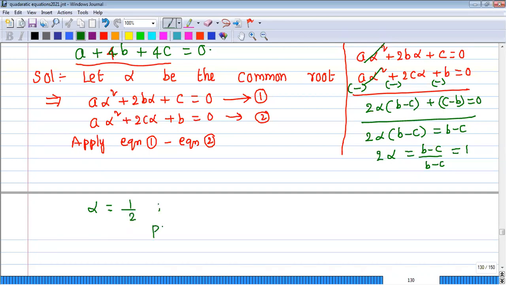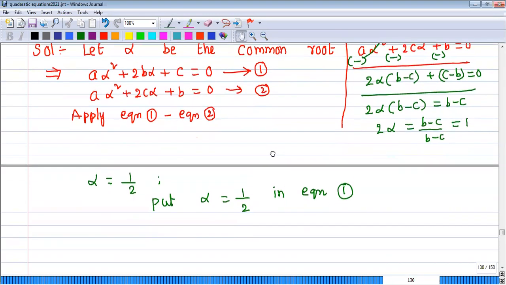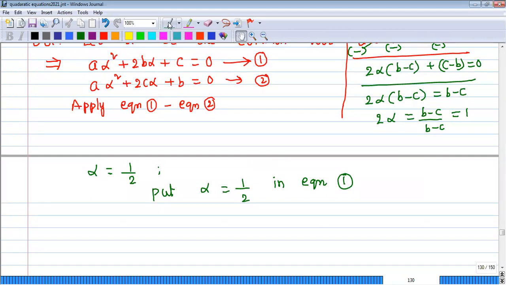Now put alpha equal to 1 by 2 in equation 1 or equation 2. In equation 1, what do you get if you substitute? a times 1 by 2 whole square plus 2b of 1 by 2 plus c equal to 0.